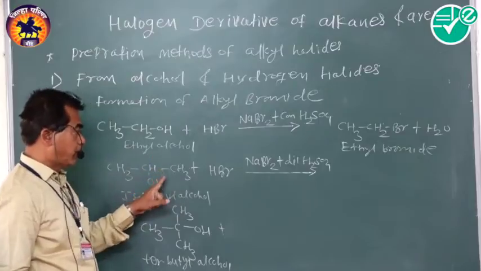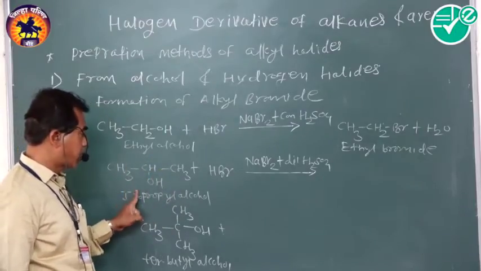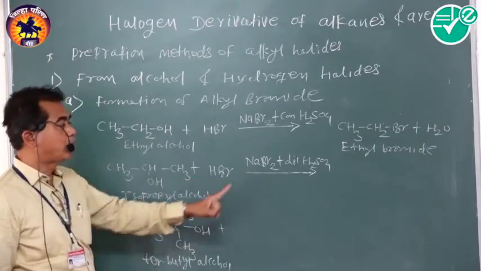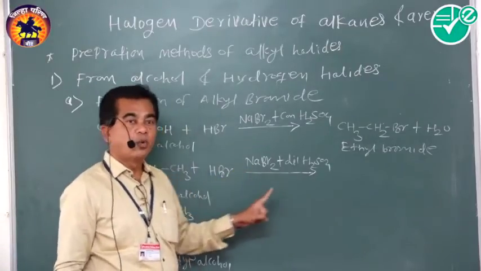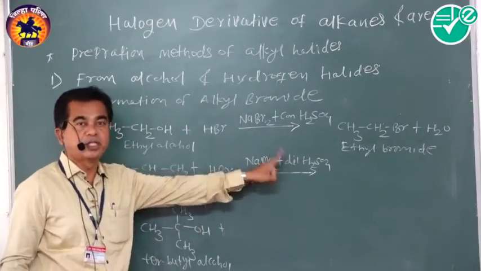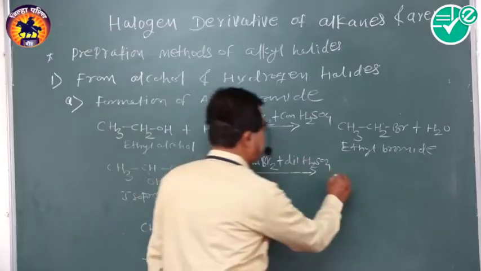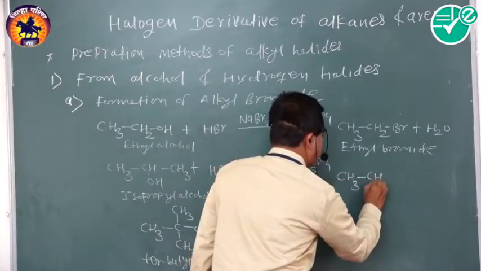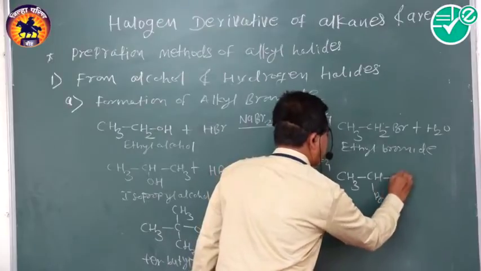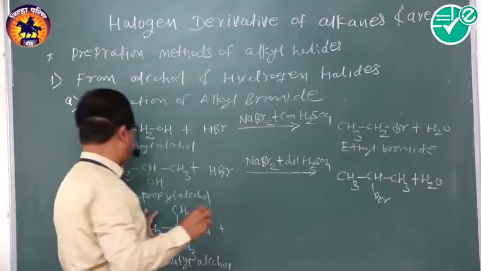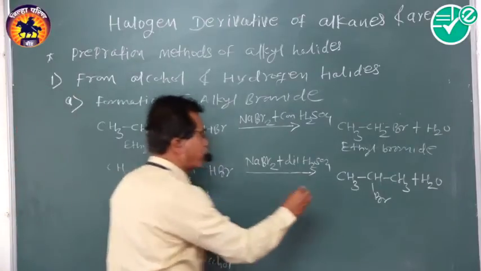Therefore, for conversion of secondary alcohol into secondary alkyl halide and tertiary alcohol into tertiary alkyl halide, in case of the bromide, we use dilute sulfuric acid instead of concentrated sulfuric acid. Thus, from isopropyl alcohol, we prepare isopropyl bromide.